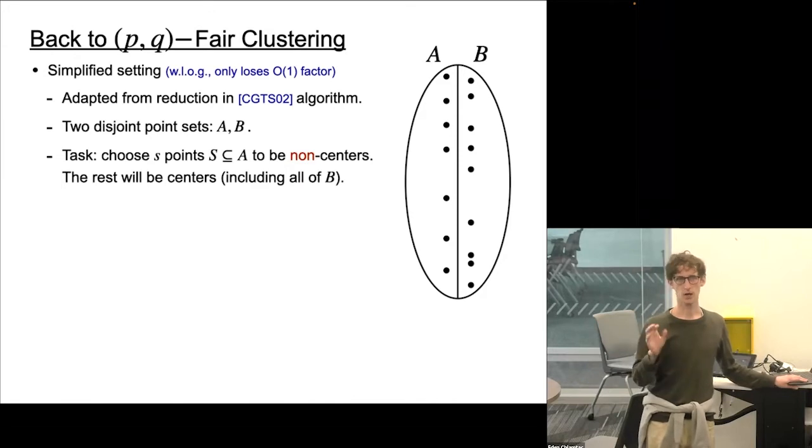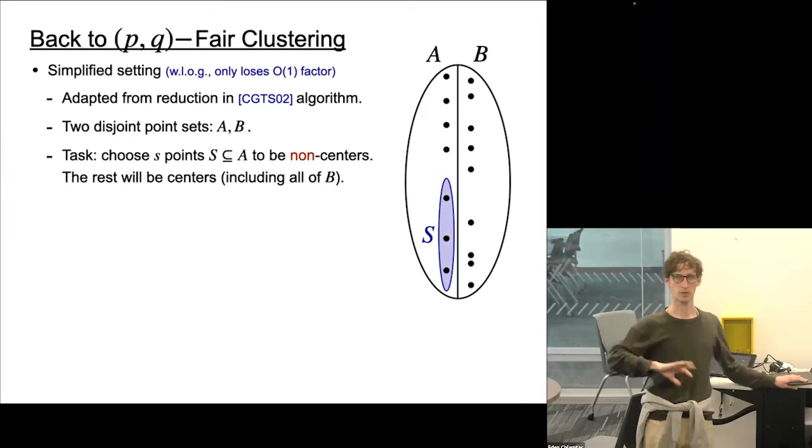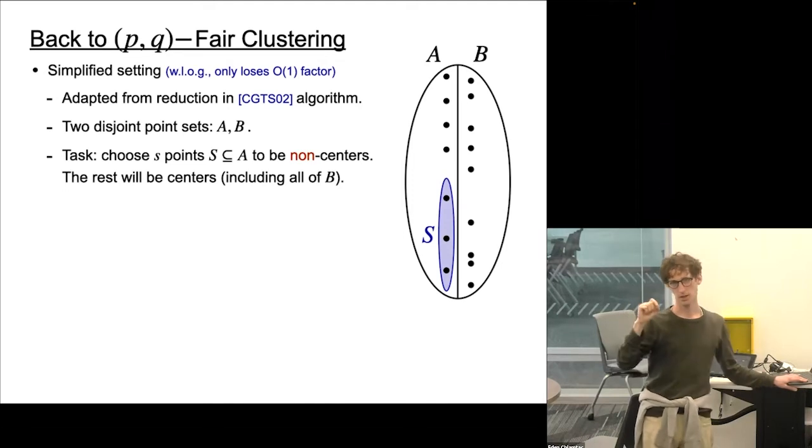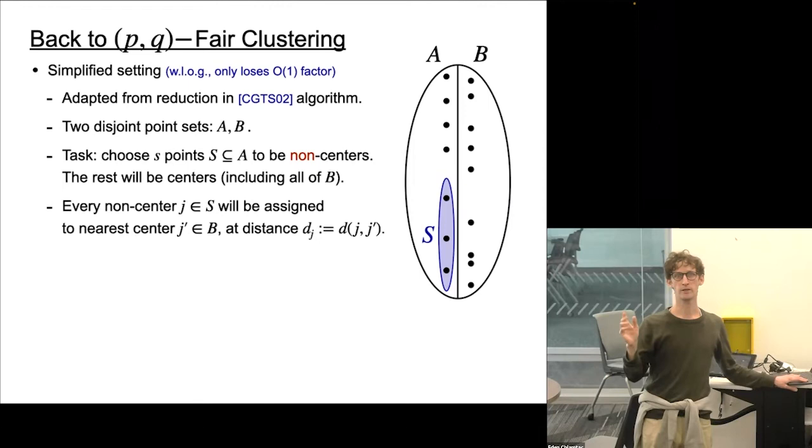Your task is now to choose, for some parameter which arises in the reduction, some number of points within one side, within A, to be the non-centers. Everyone else is going to be a center.